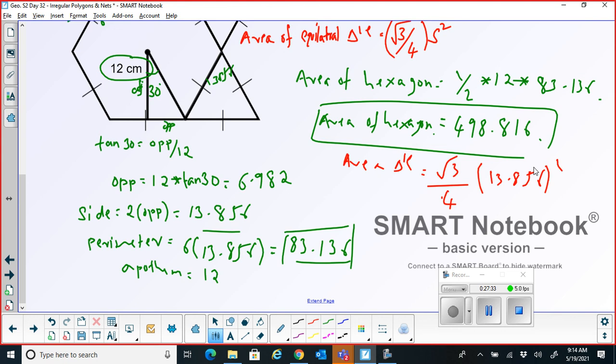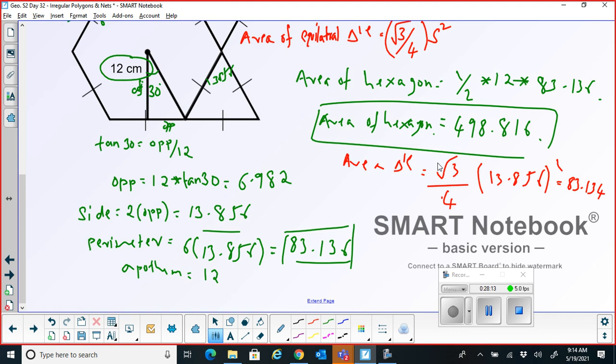Okay, let's use the calculator to further simplify this. Which will give us 83.134. So the total area is area of hexagon plus twice the area of the triangle.